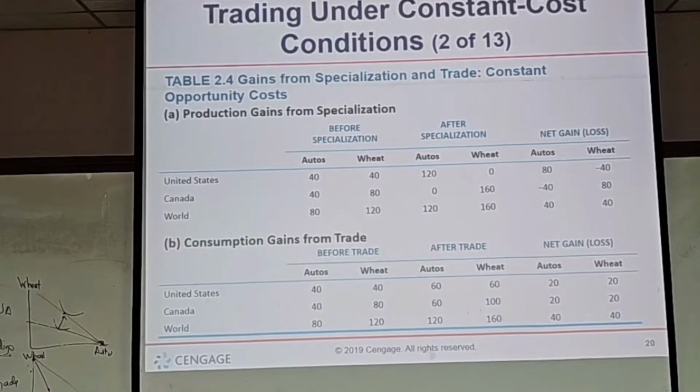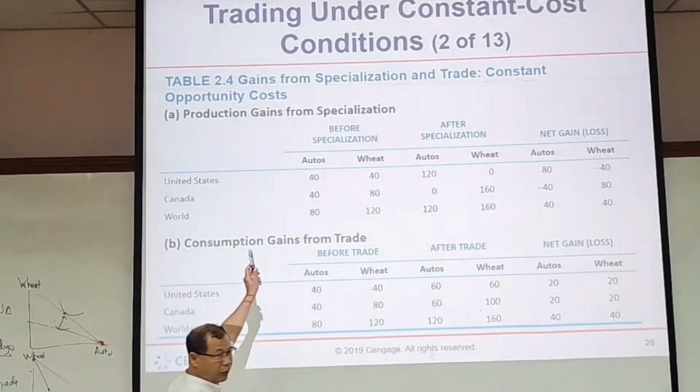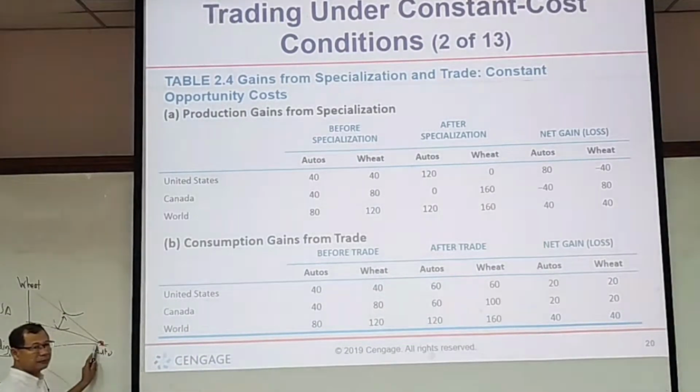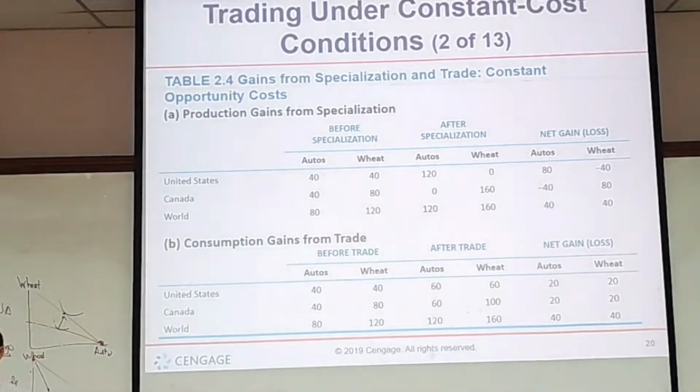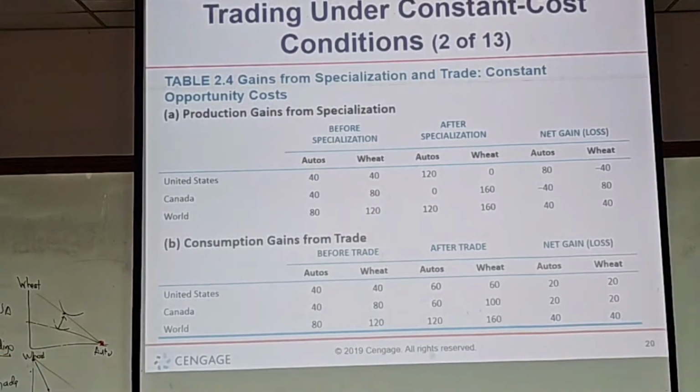Any point under the red line is attainable, but the one we are talking about for consumption is the one that is kissing, touching the indifference curve.